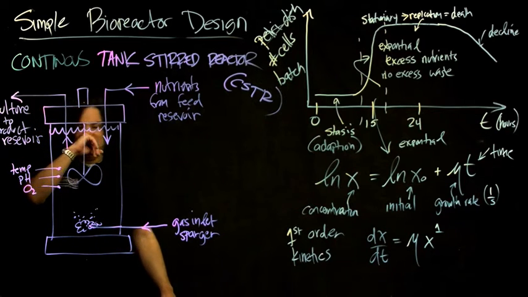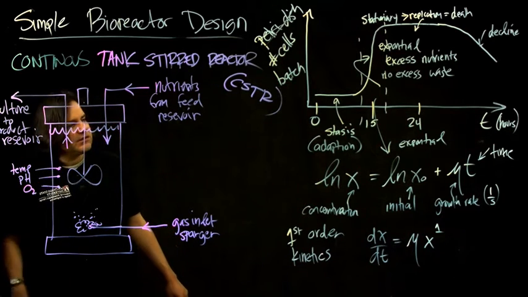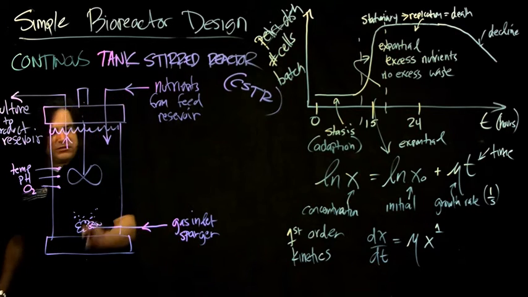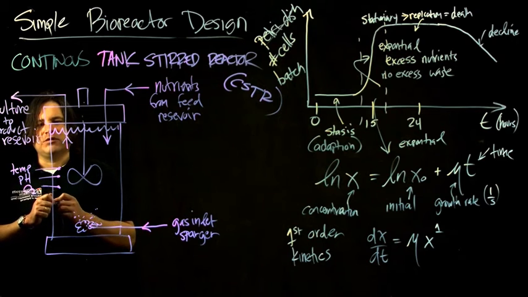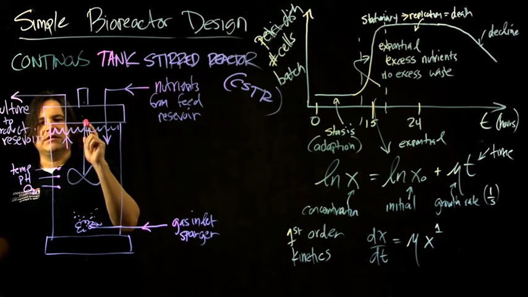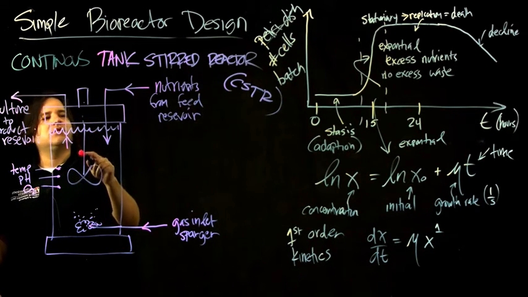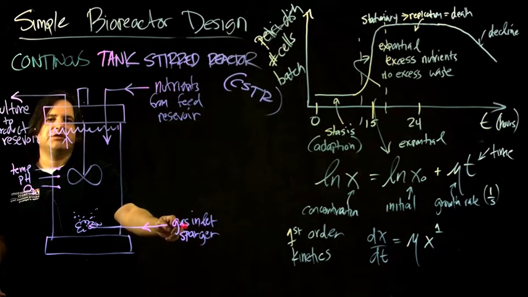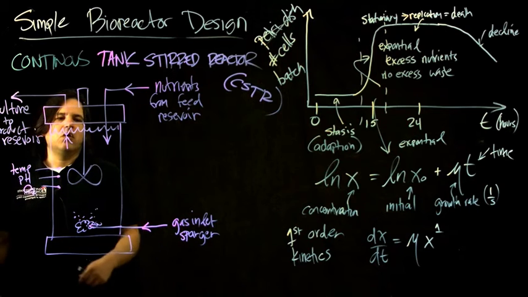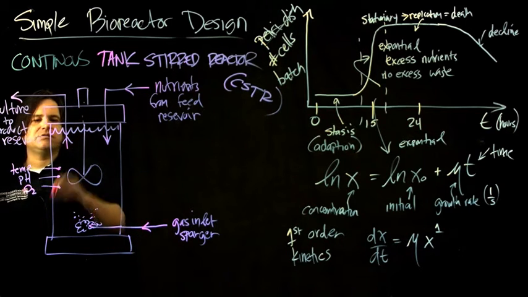And this is pretty complex because there's a mixing problem, which is mixing with what? You need to mix the starting cells with the nutrients. You need to mix the starting cells with the right gas mixture, the right dissolved gases in this liquid.